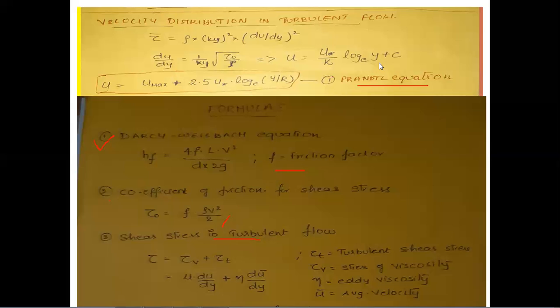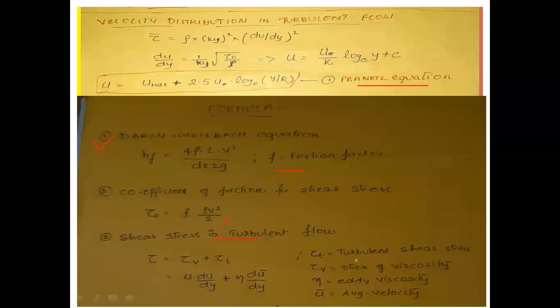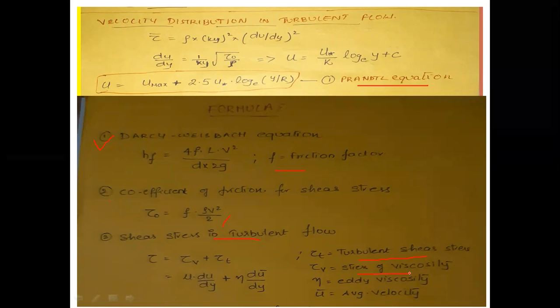Where tau t is the turbulent shear stress, tau v is the stress of viscosity, eta is the eddy viscosity, and u bar is the average velocity.